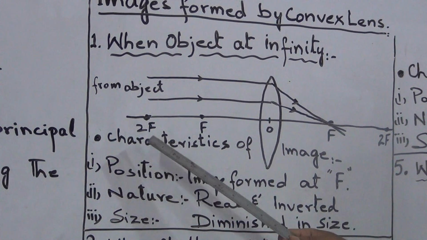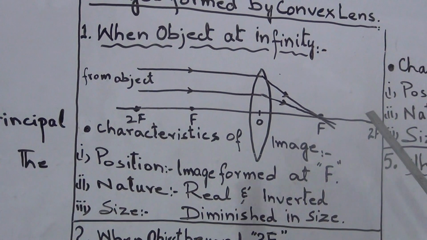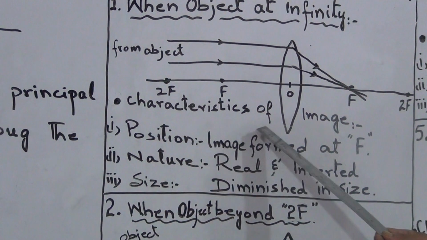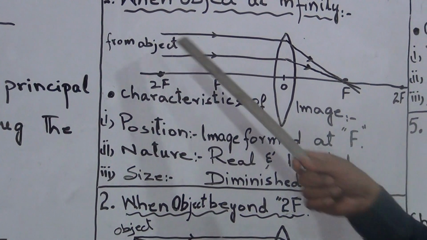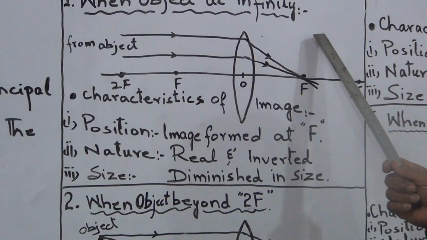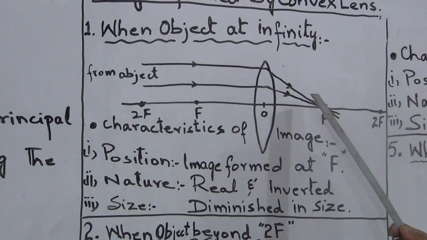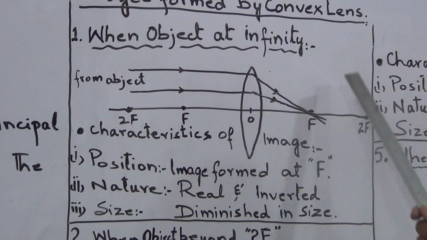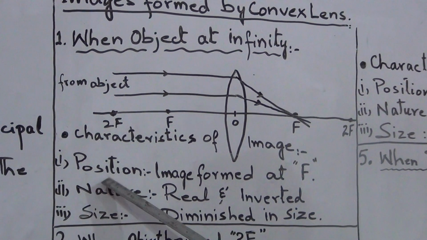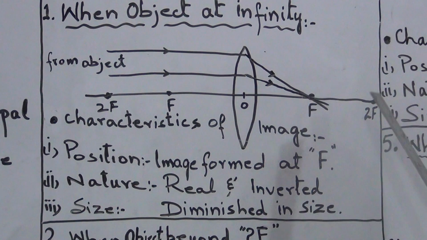Now you have to write the characteristics of the image. The question arises: write down the characteristics of the image when the object is at infinity from the convex lens. You have to draw this diagram and write these three characteristics. Position: position means where the image will be formed.